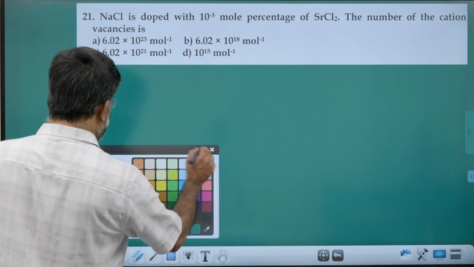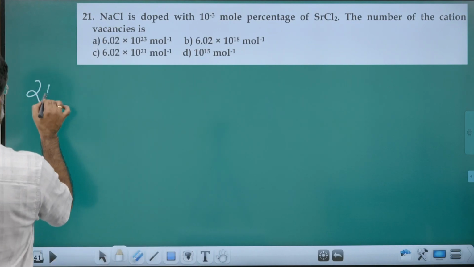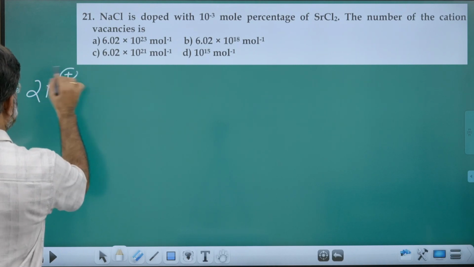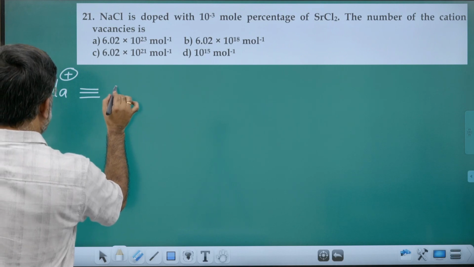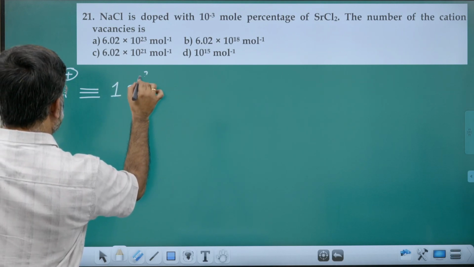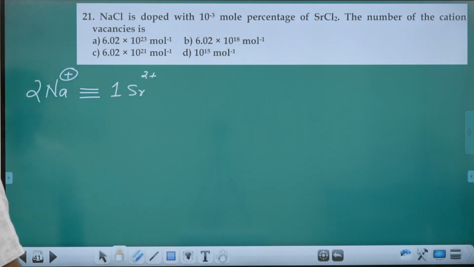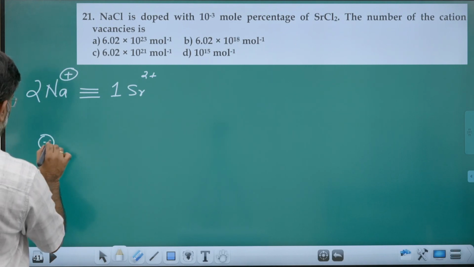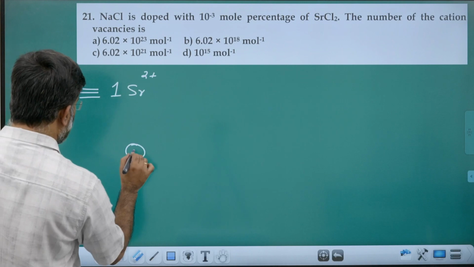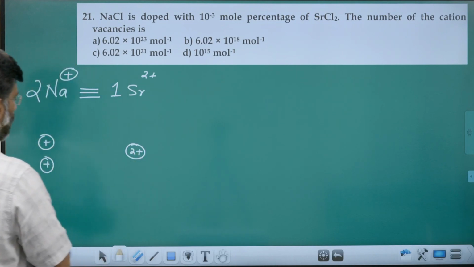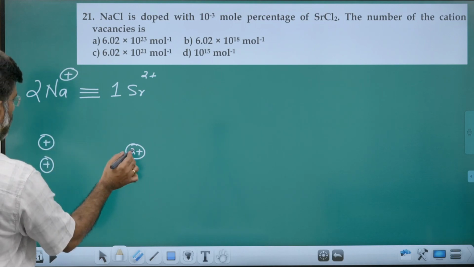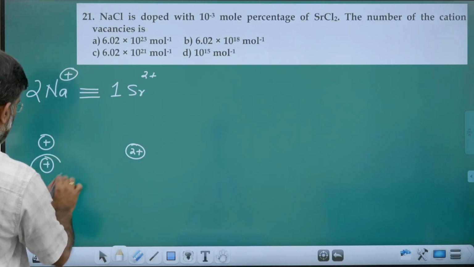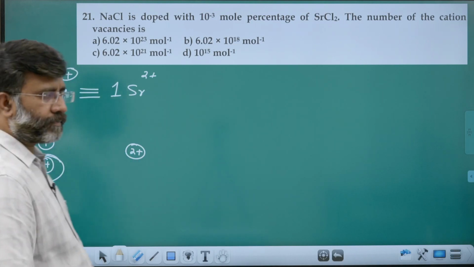That is the fundamental idea you must know. So 2 sodium out and 1 strontium comes in.